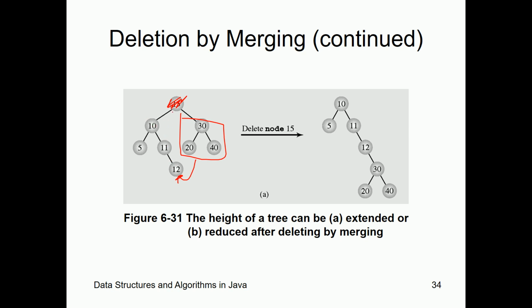Now, for this one, for example, I delete this one. Everything on the left is going to be smaller than the node itself, and any other numbers from the right. But the thing is, the biggest number from the left is the one that is going to be the most one on the right.